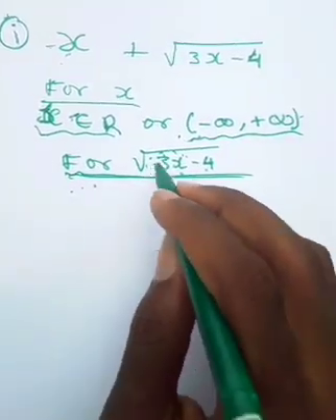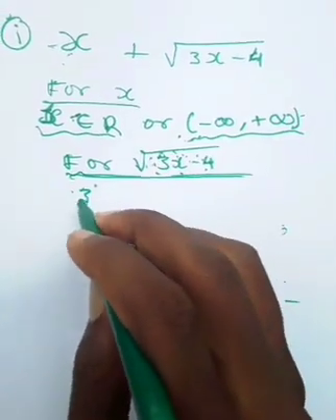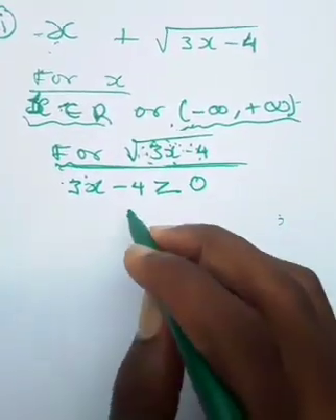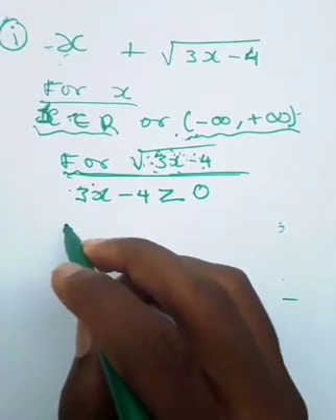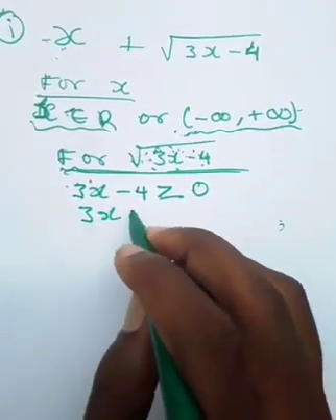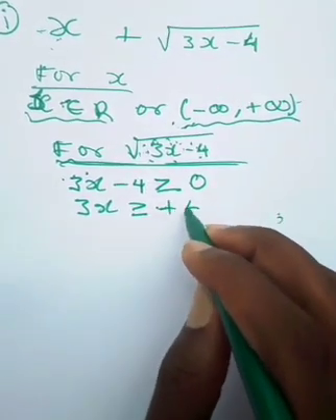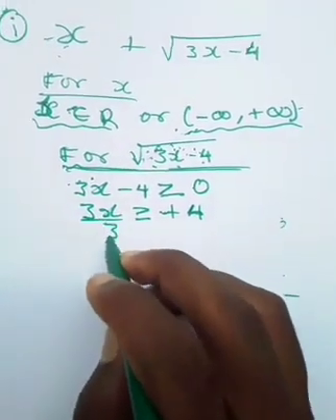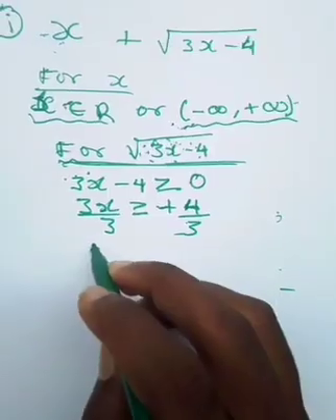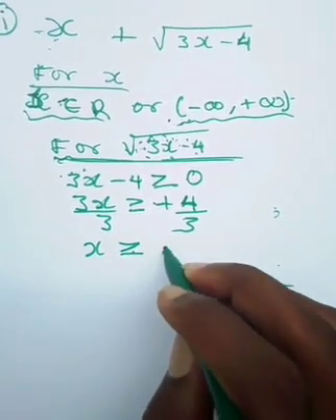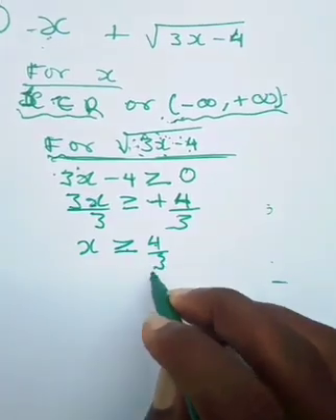So you're going to write whatever is under the root, which is 3x minus 4, and say it is greater than or equal to 0. Then we solve for x: 3x is greater than or equal to, I'll take 4 to the other side, which will be positive 4, over 3 over 3. And then it's going to be x greater than or equal to 4 over 3.